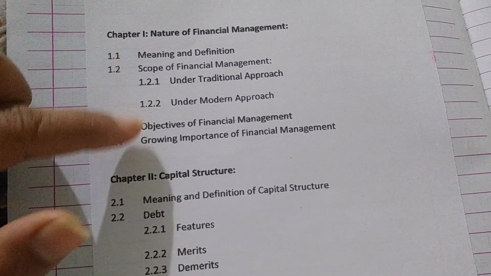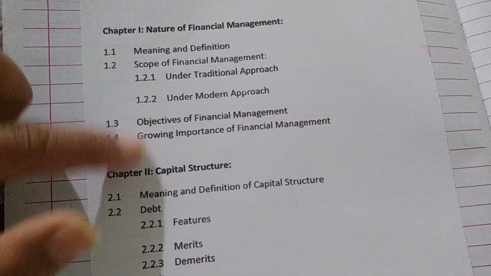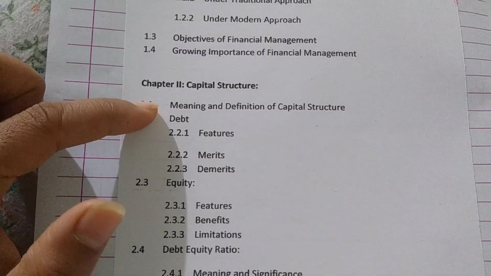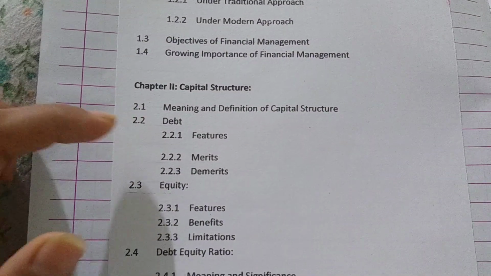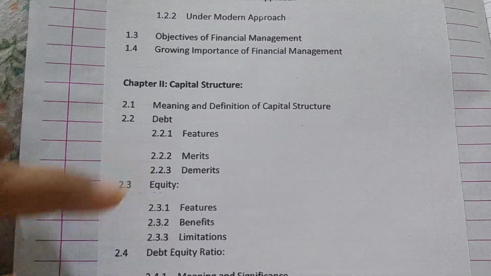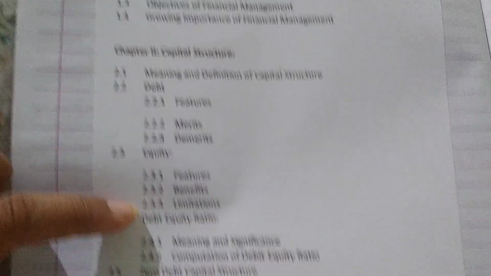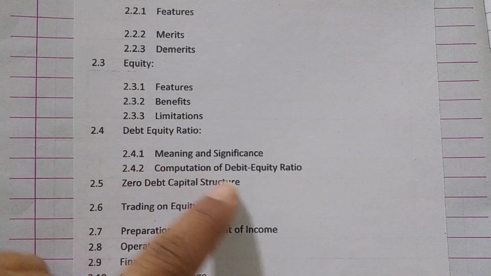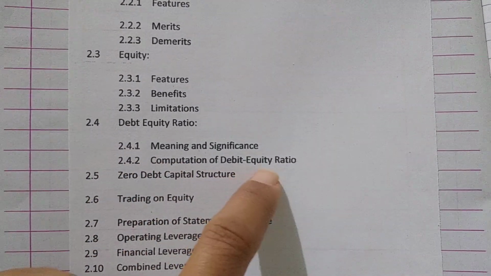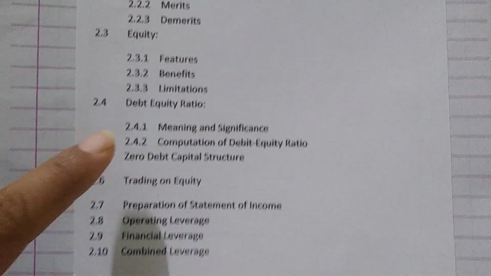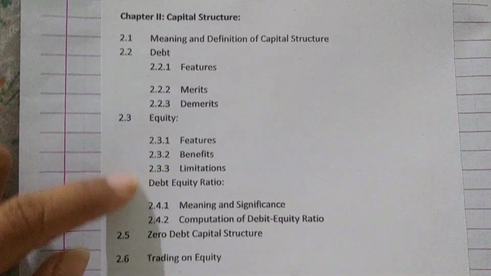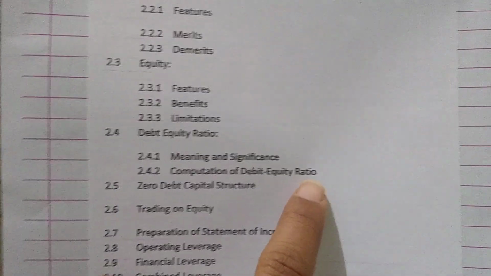I need you all to complete your notes. Coming to your second chapter, we studied the meaning and definition of capital structure with your notes. Your debt we finished. Your equity also is finished. Coming here to your debt equity ratio, we studied the meaning and significance, and computation of debt equity ratio. The rest needs to be done. So you all have to write till here.